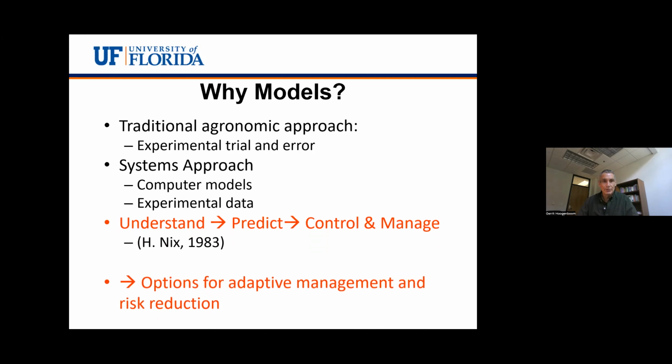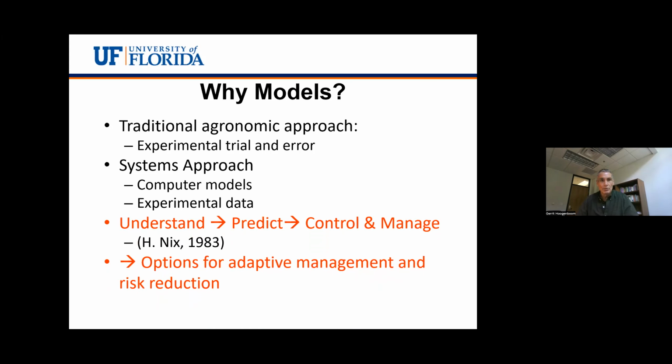And really what we want to do in the agricultural system as a whole, and especially when we take agricultural research outcomes and want to provide that information to our stakeholders, first of all, we want to understand the agricultural system. So that's why we conduct field experiments. But we really want to go one step further, then we also want to be able to predict what the outcomes will be if we change some of the inputs or some of the locations.